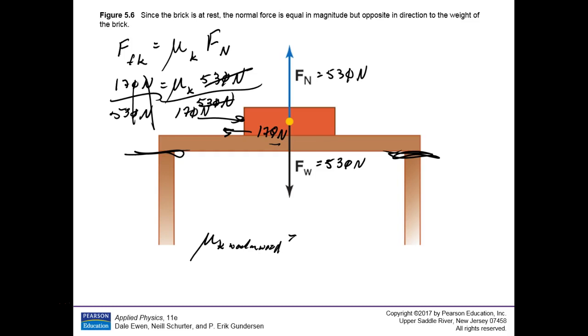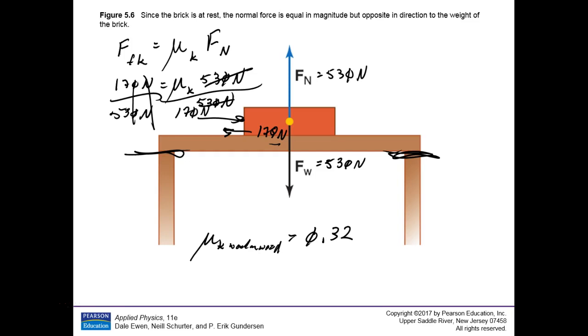Get an answer? Anybody? Say again? 0.32? Okay. And let's see, yeah, we probably can't do any better than that. And that would be a dimensionless quantity. Well, let's see what we said, kinetic friction of wood on wood.